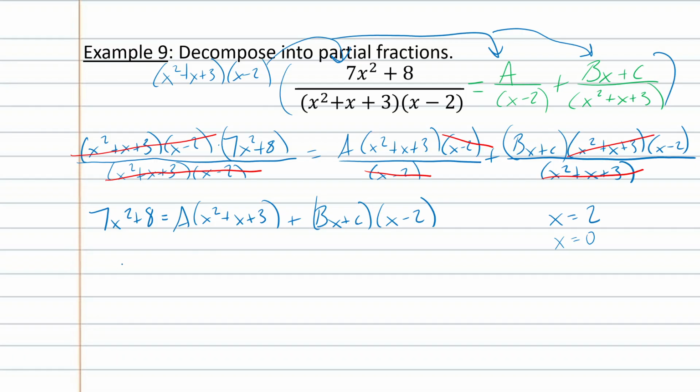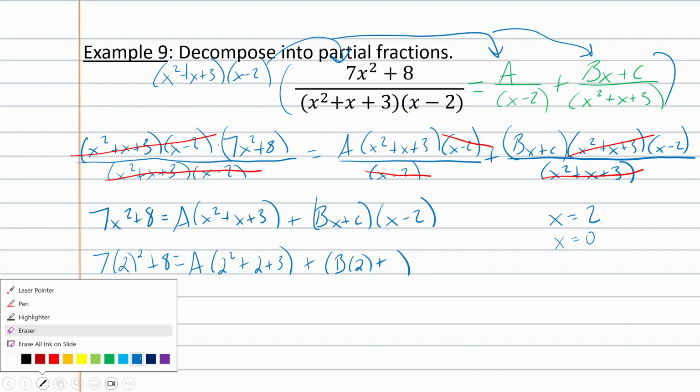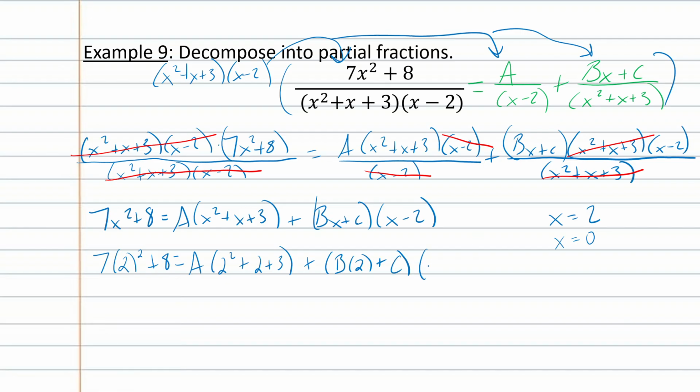Let's go for it. Plugging in x equals 2 to start. 7 times 2 squared plus 8 equals a times 2 squared plus 2 plus 3 plus b times 2 plus c times 2 minus 2. All right. 2 squared is 4. 4 times 7 is 28.